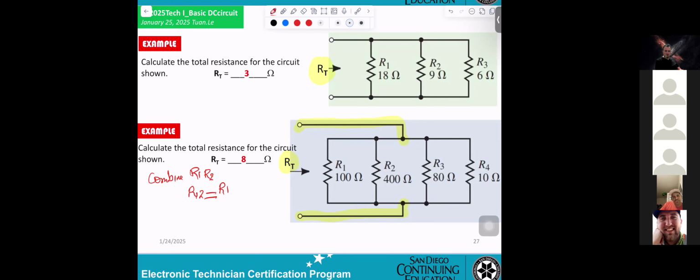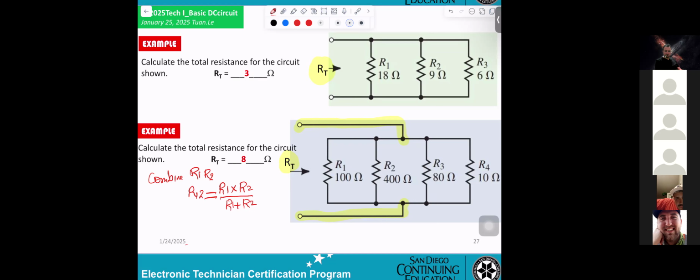That means R1 times R2 divided by R1 plus R2.